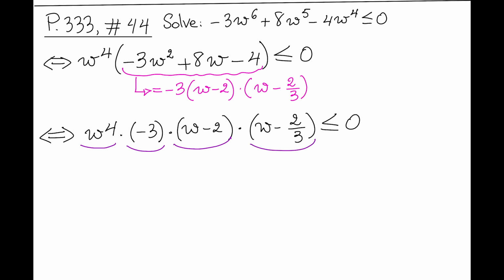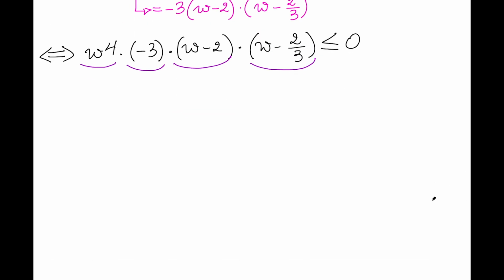So I'm going to have 4 factors, which means I'm going to have 4 rows in my table of variations to start with. All right, let's do it. So table of variations, again, 4 rows.